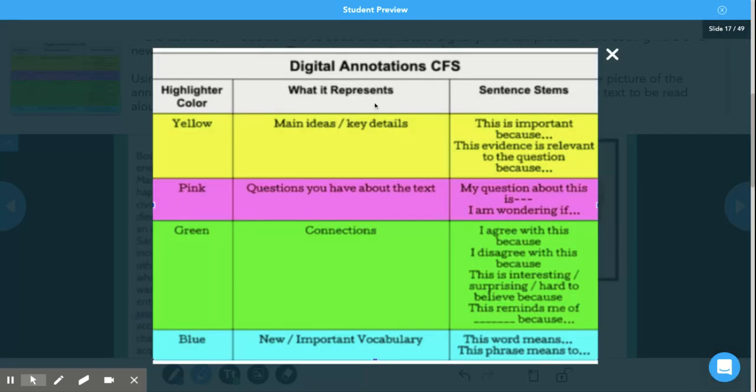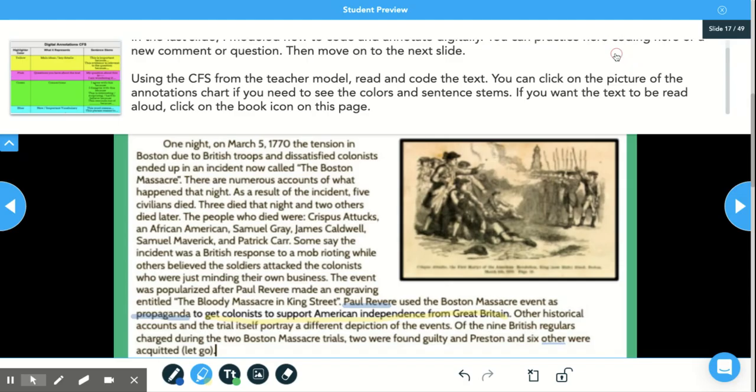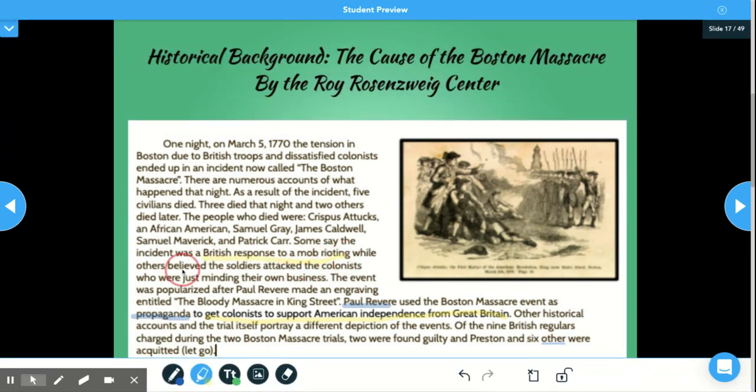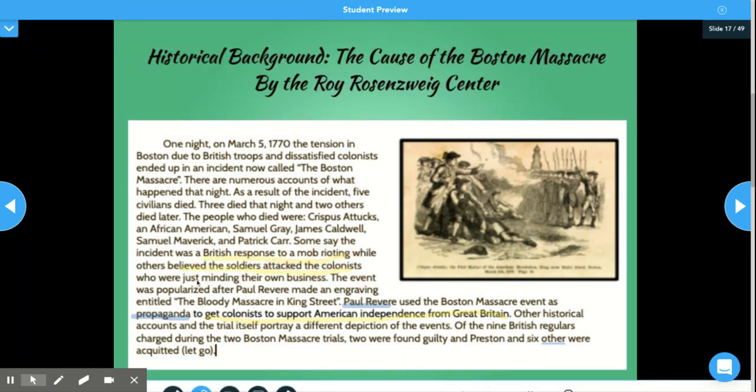Great. Now I'm going to pick another main idea, and maybe I'll find one question I have in pink. So it says one main idea that I found is that some say that this was a British response to a mob, while others say the soldiers attacked the colonists who were just minding their business.